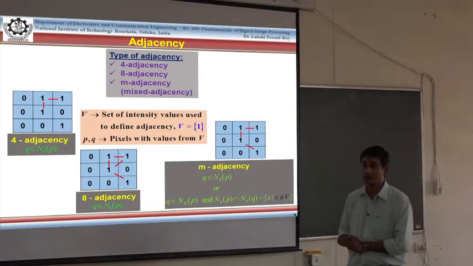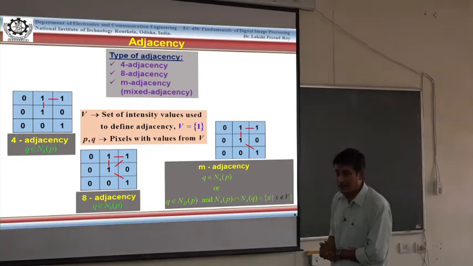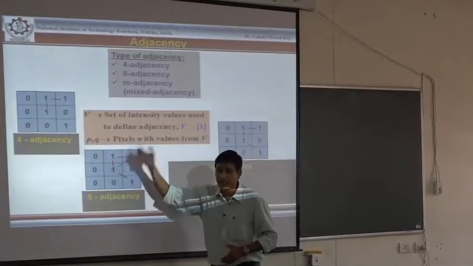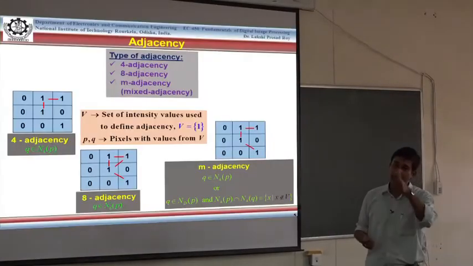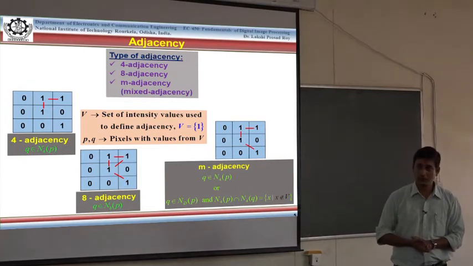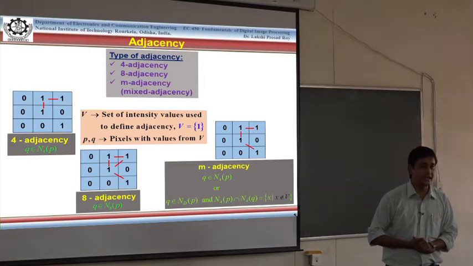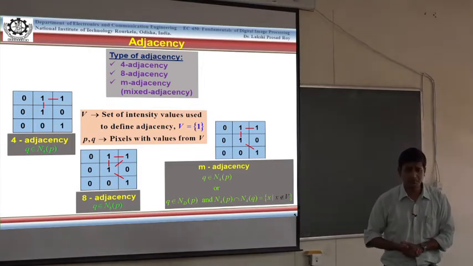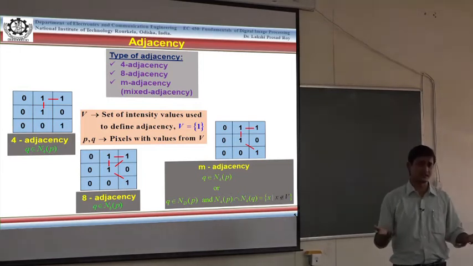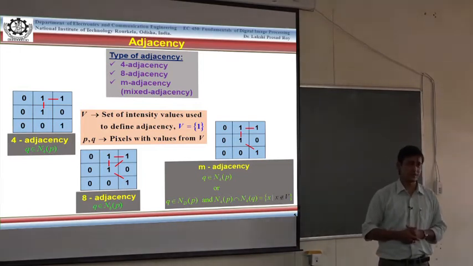Actually, ND is within N8 itself. I can consider only ND, just like for N4 we went, for ND also I can go. Depending on my application, I can ask my computer to search that. It's not a problem, it is allowed.